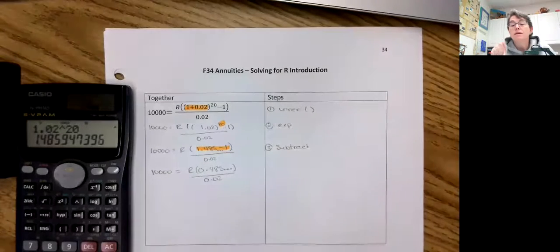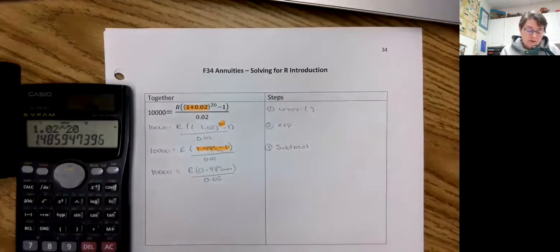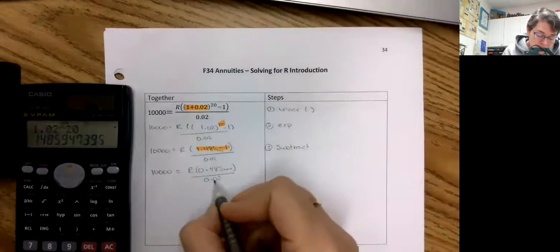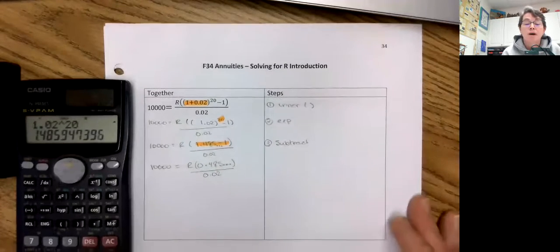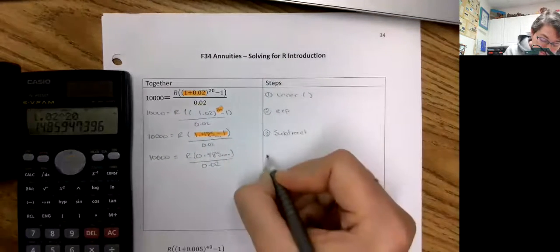Okay, so up to this spot, nothing is different than when we were solving for S. However, now's where it changes. We're going to do this division. We're just going to keep ignoring the R, simplifying as much as possible. Step number 4.